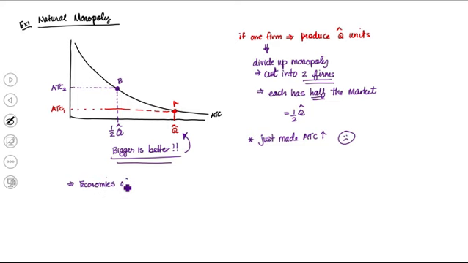Economies of scale, EOS. And economies of scale come from a continuously declining average cost curve.